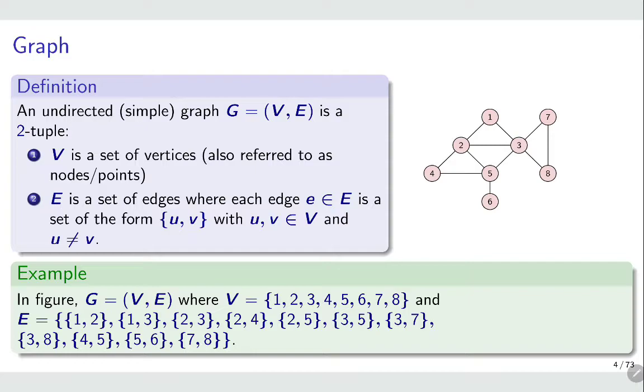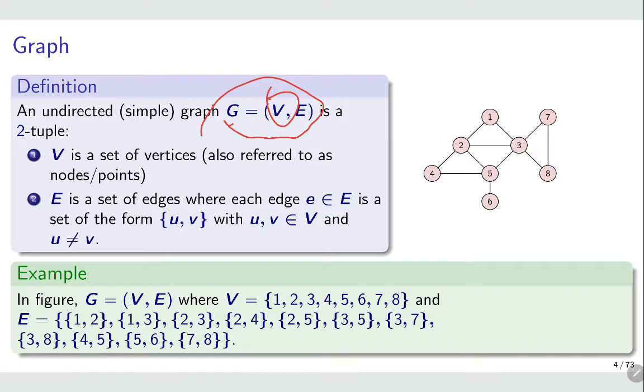Okay, so an undirected graph G = (V, E) is a pair. The first element in the pair is a set of vertices V, and E is a set of pairs of vertices. In the undirected case, each is just a set of two vertices.